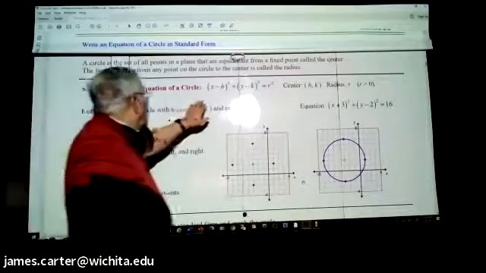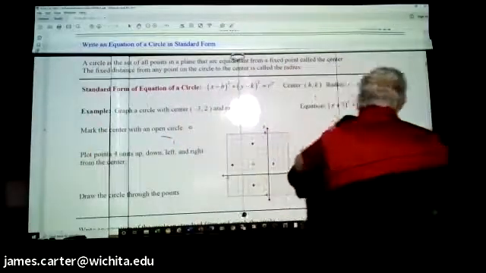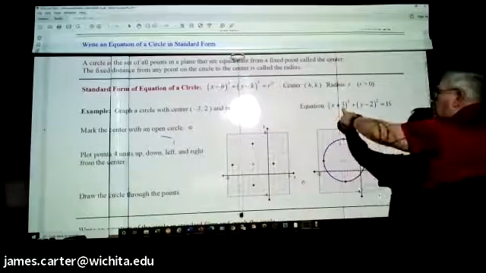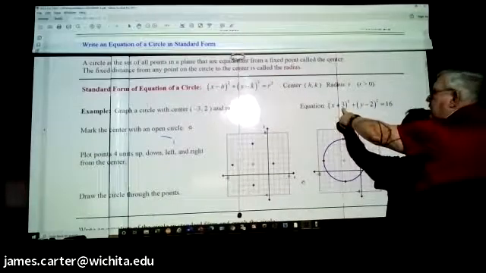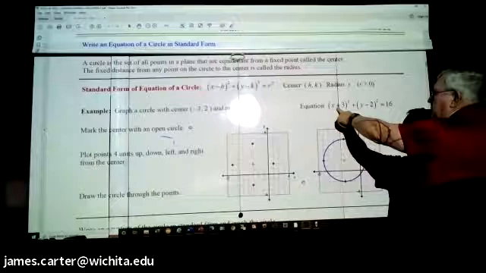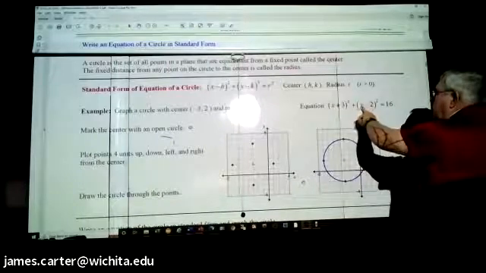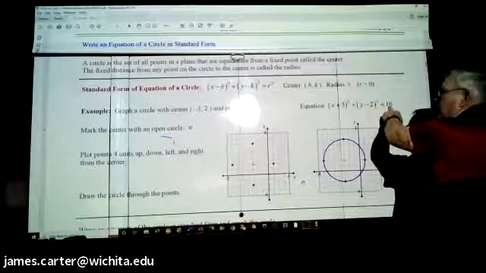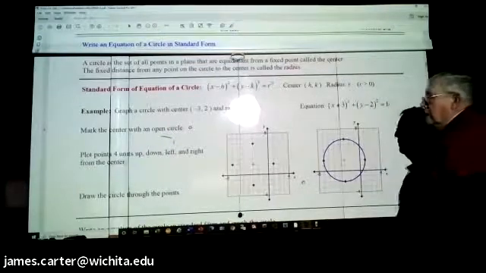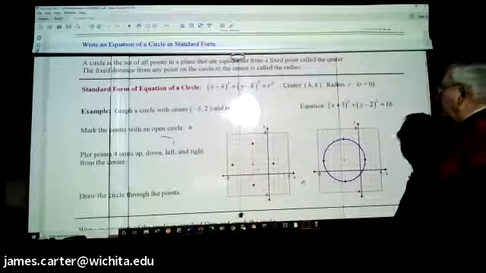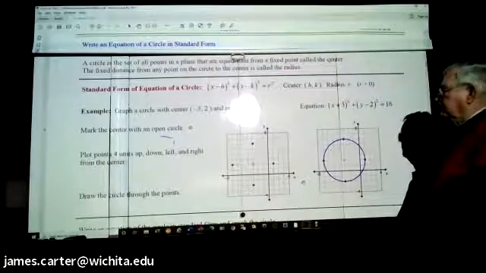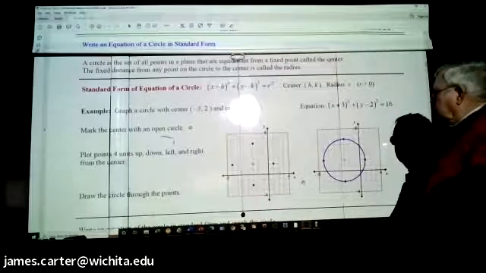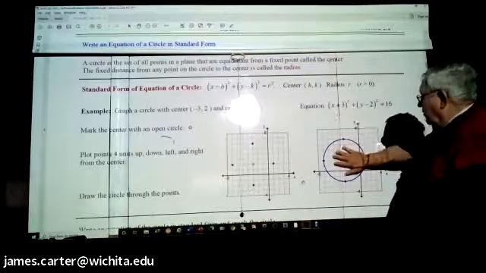And what is the equation based on this? We have x minus -3 gives us x plus 3 quantity squared, and y minus 2 quantity squared, and 4 squared is 16. So there is our equation. So we got the equation, we got the graph.